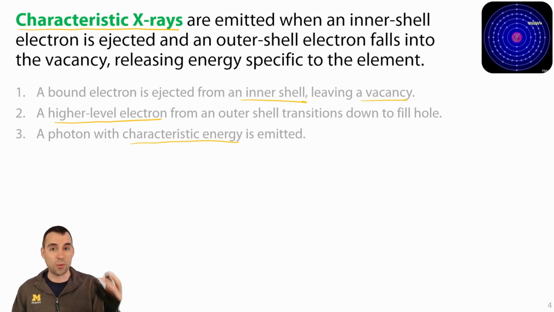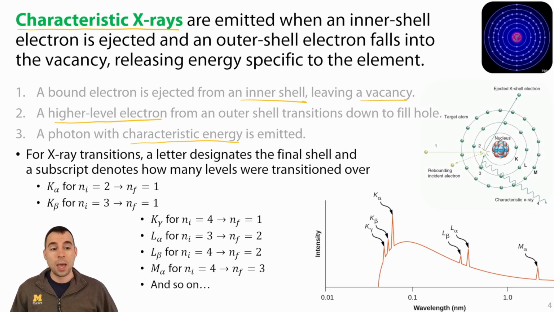That's why different targets like copper or molybdenum or tungsten will have different characteristic X-rays that are emitted. So we can have a variety of different transitions that take place, each with its own characteristic specific X-ray energy that would be emitted with that photon. And so we can label these different relaxation transitions by determining what shell the electron will ultimately relax down to, to emit this photon.